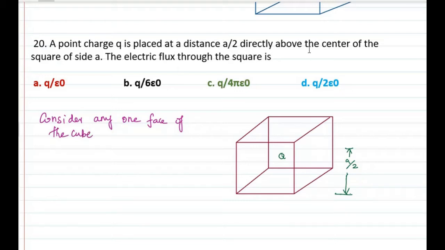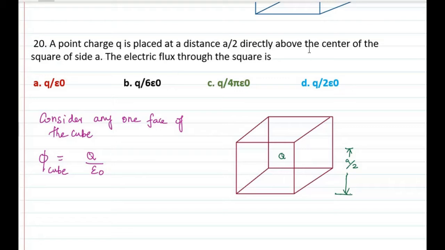Cube has square faces, you have 6 faces. Consider any one face, and a charge is placed at the center at a distance of a by 2. So what is the total flux for the entire cube? For the whole cube it will be Q enclosed by epsilon naught.